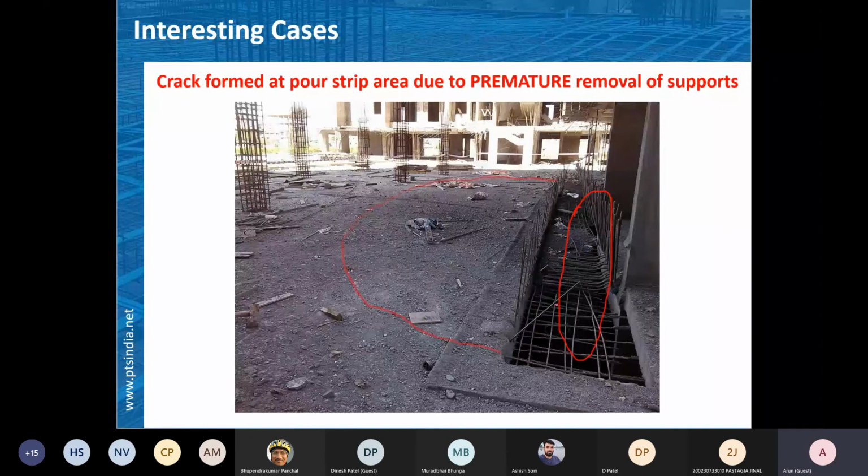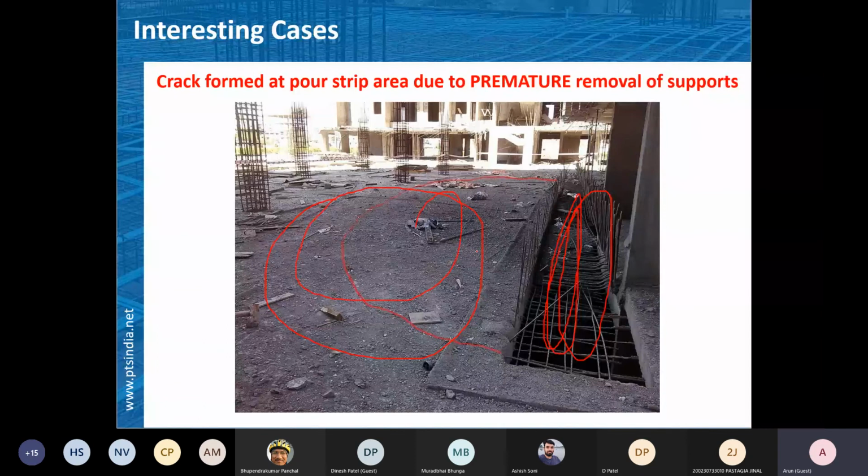But in this case, what happens is, before pouring, before casting here, the persons of the contractor have removed the supports in this zone, below this. So now you can see that what happens is, this is a cutout.